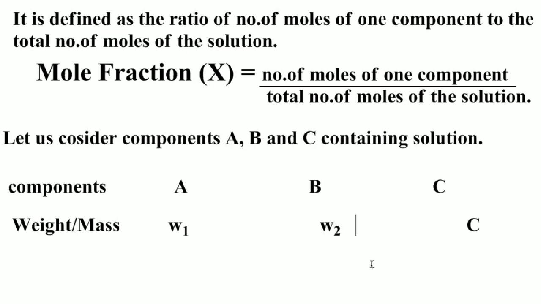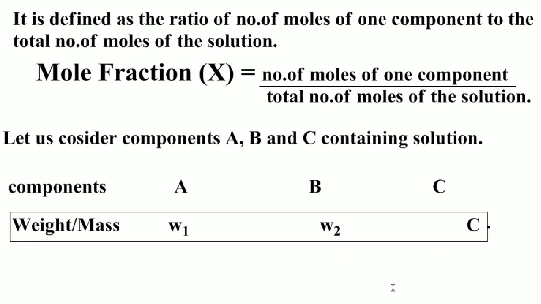W2 is the weight of component B and W3 is the weight of component C. So W1, W2, W3 are the weights or masses of components A, B and C respectively.